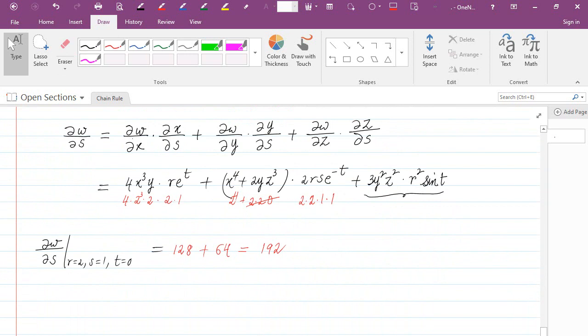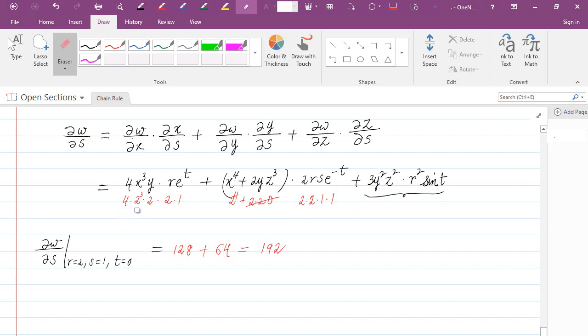So here we're going to plug in 2 for x, 2 for y, and 0 for z. And then again, r would be 2, t would be 0, so here you get 2, e to the 0, x is 2, y is 2, z is 0 here, 2, r is 2, s is 1, e to the 0, and here sine of 0 would be 0, so this term would be 0 anyway, so I'm not going to bother writing it down.